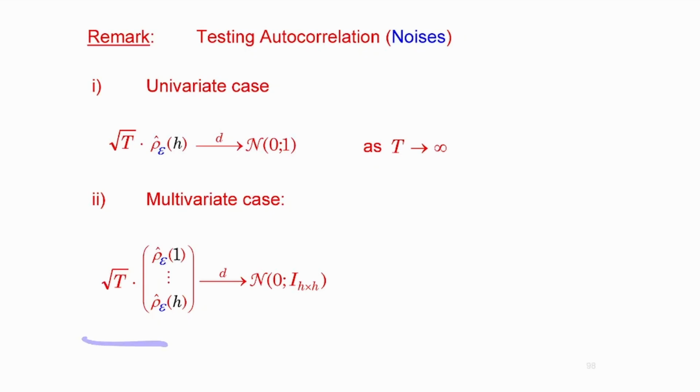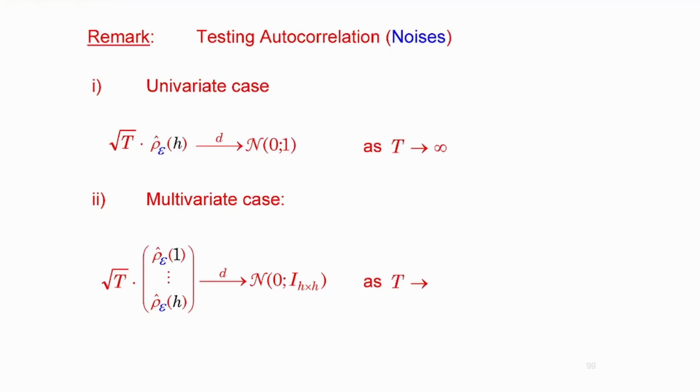You understand what I'm saying? That's something you need to be aware of. But since noises are serially uncorrelated, you have within the multivariate case an H by H identity, indicating that the autocovariances are going to be 0, let's say in the long run.